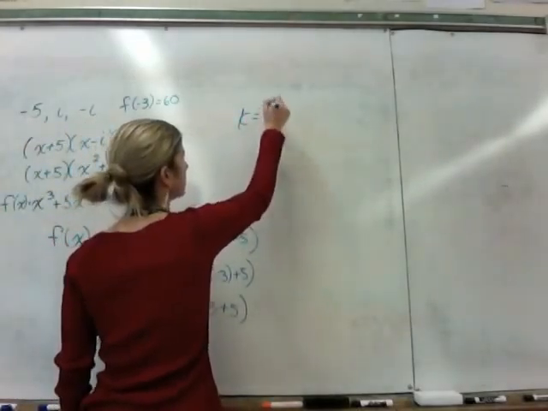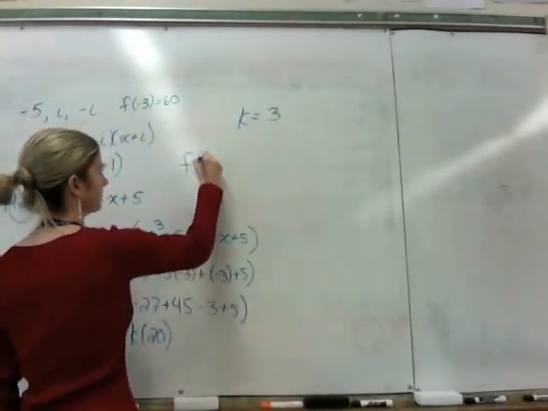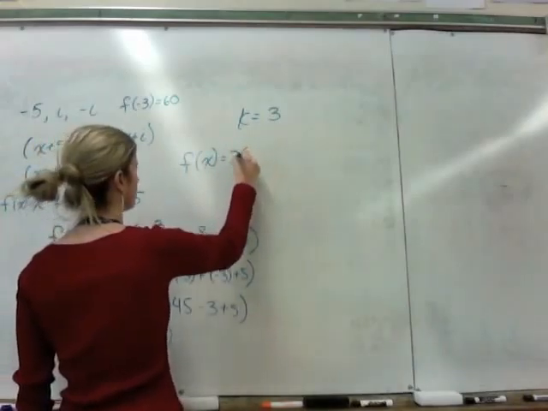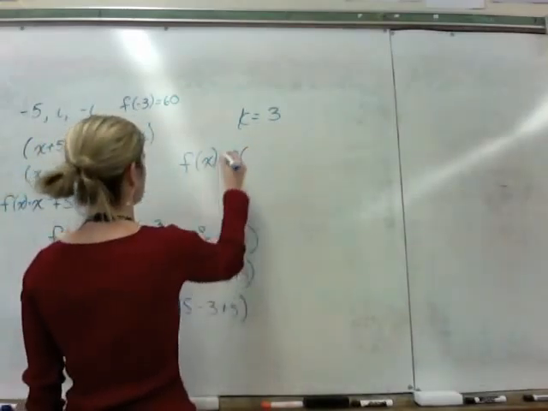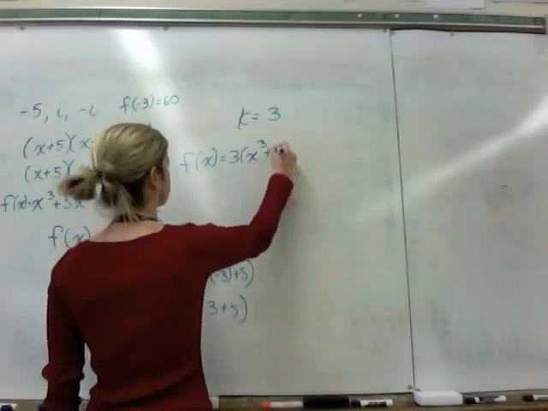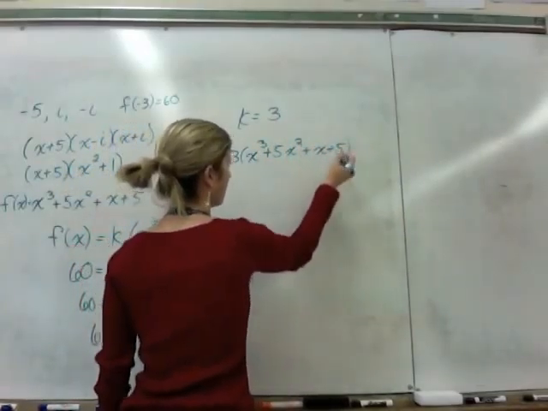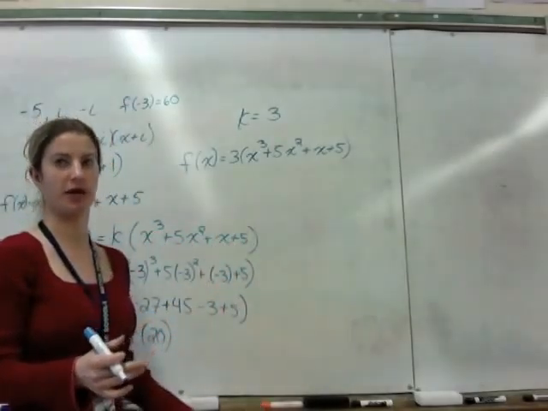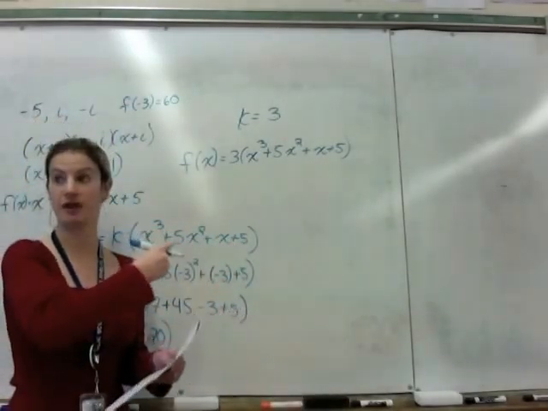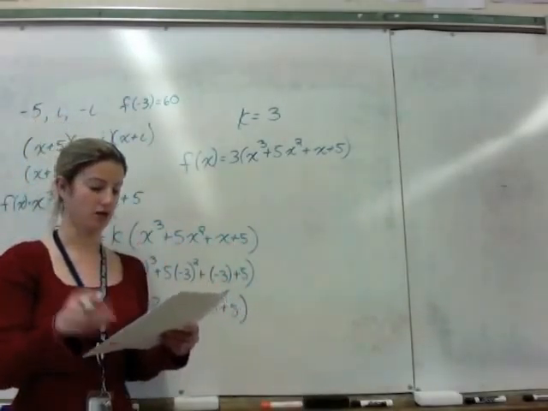k equals 3. So that means your function is going to be f of x equals 3 times, and then what we originally had here, x to the third plus 5x squared plus x plus 5. Okay, now this would be a perfectly acceptable way to write it, but this is multiple choice. They don't have it in that form, right? So you need to multiply it all the way in.